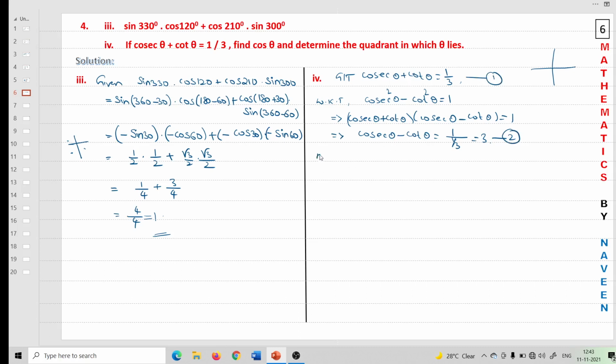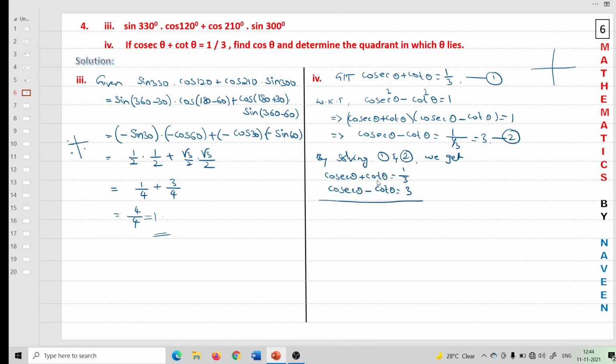Clear? By solving 1 and 2, we get, see, I am adding both the equations first. Cosec theta plus cot theta is equal to 1 by 3, and cosec theta minus cot theta is equal to 3.